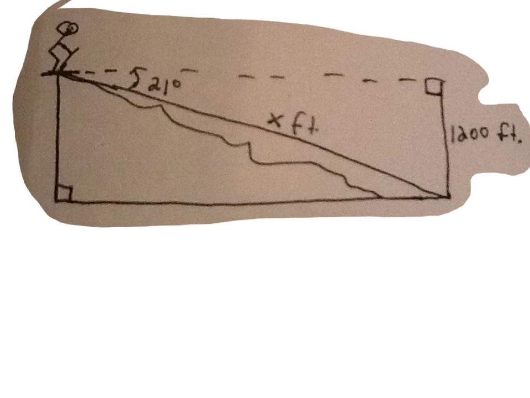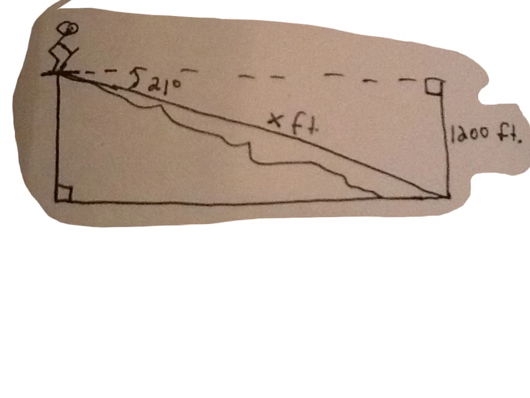The thing is that I don't know this side of the triangle, so I can't use the Pythagorean theorem, but if I know an angle and the side opposite the angle, 1,200, then I think I can find x, because that's my hypotenuse. If I've got my right angle over here, my hypotenuse must be x, the side where I'm going down the hill.